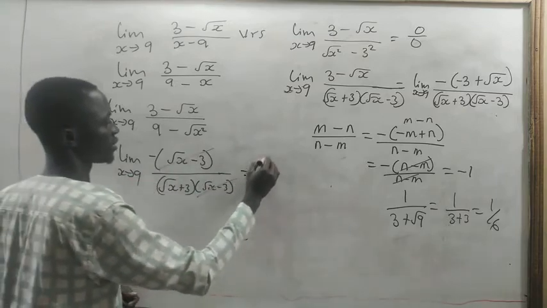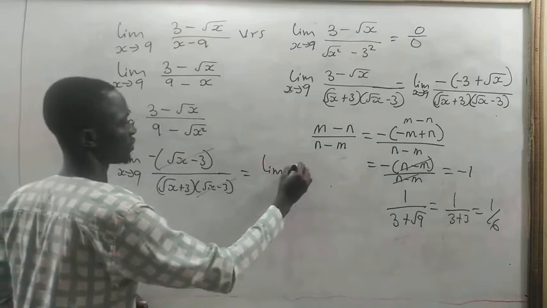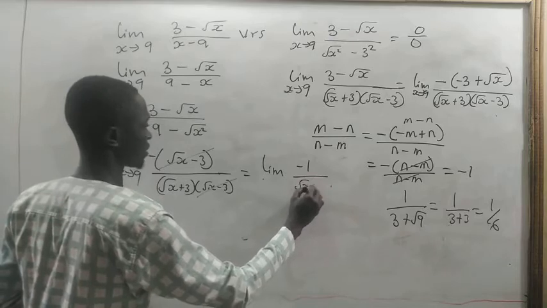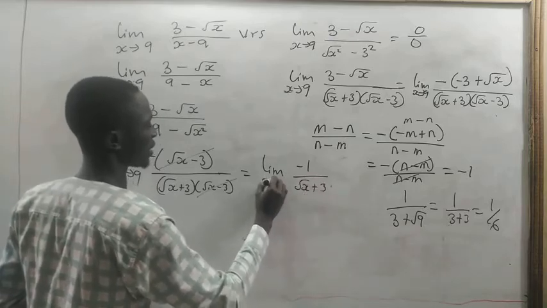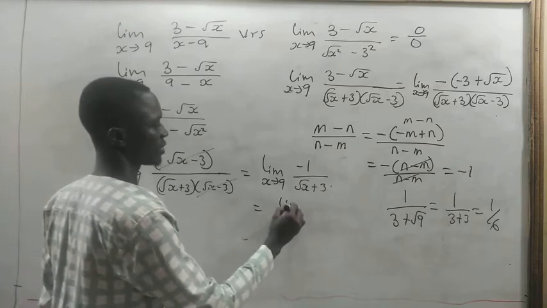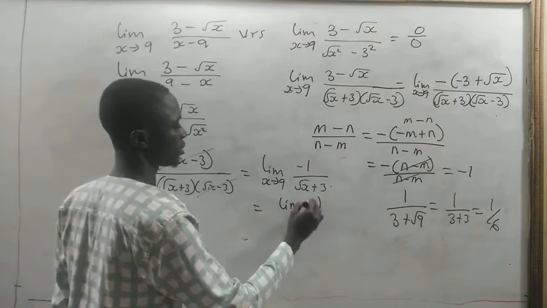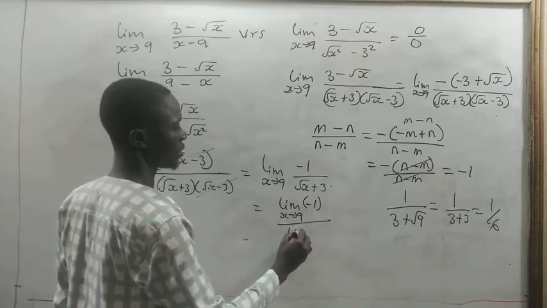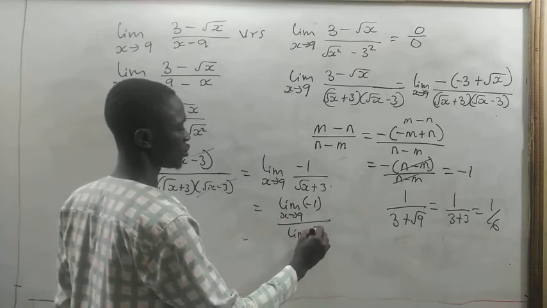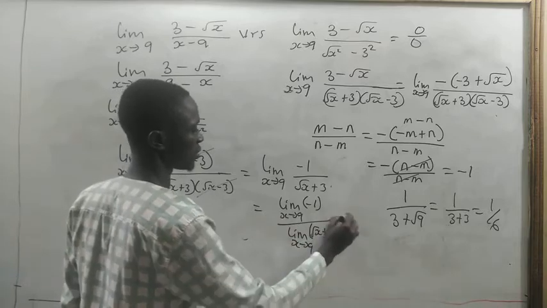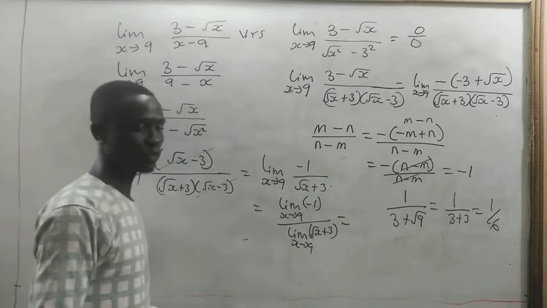So this will give us the limit of -1 divided by square root of x plus 3 as x approaches 9. Then we take the limit of -1 as x approaches 9 divided by the limit of square root of x plus 3 as x approaches 9, because the limit of the quotient is the quotient of the limits.